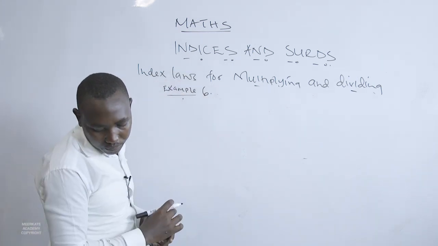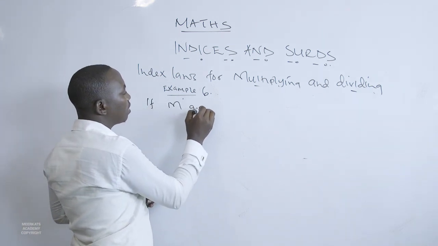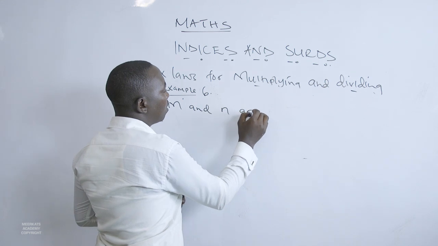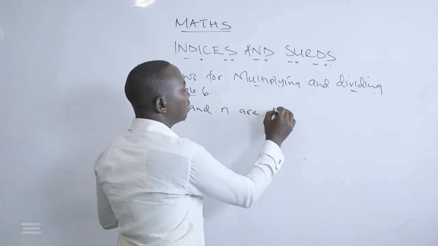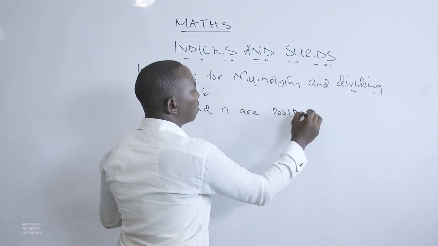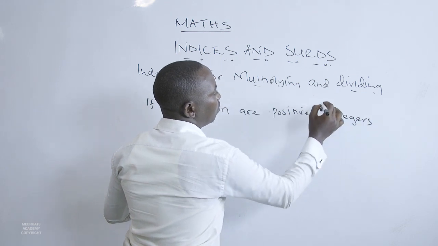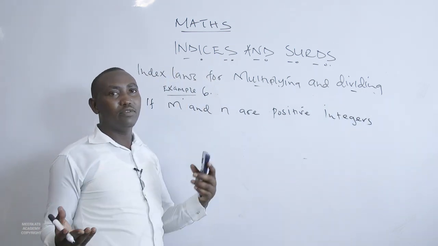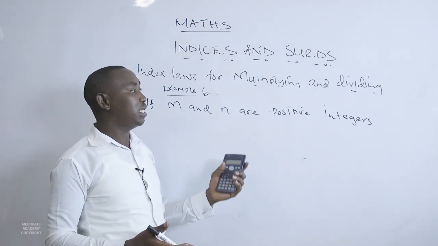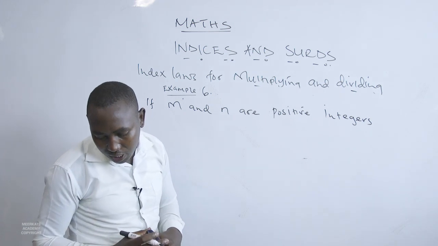Example 6, we are told that if M and N are positive integers, understand that an integer is a positive, negative, or a zero number, but here we are restricted to positive integers.